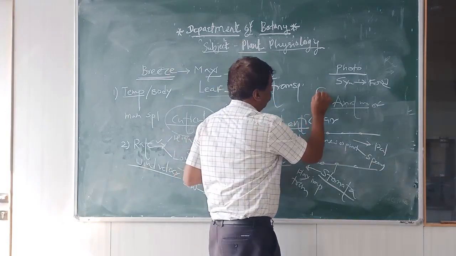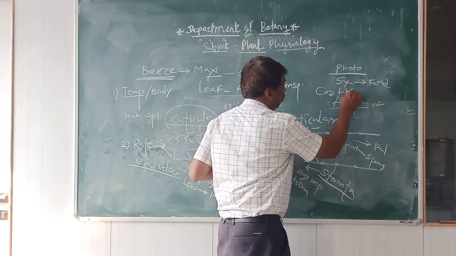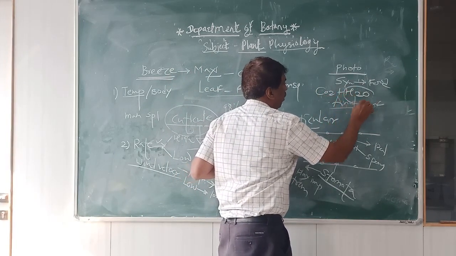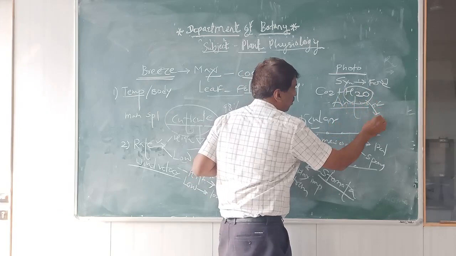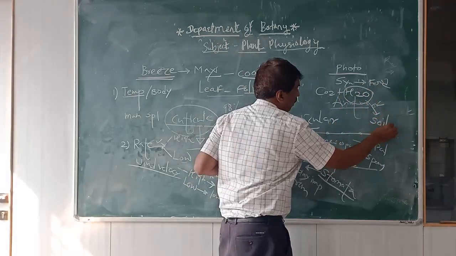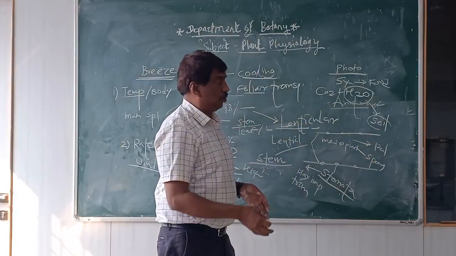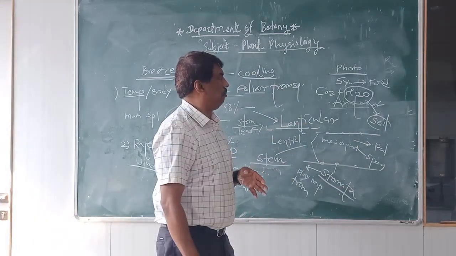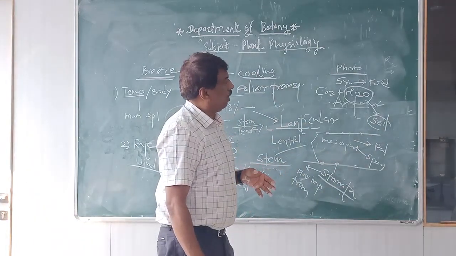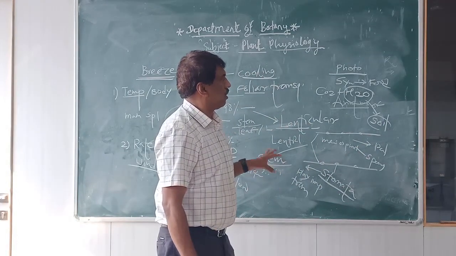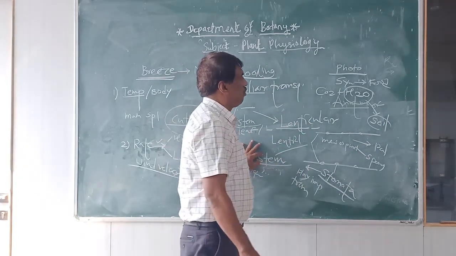So we require CO2, we require H2O, and this H2O actually comes from the ground or from the soil, and this water is absorbed through the water column or through the stem, then through the branches, and finally it reaches the leaves of the plant.